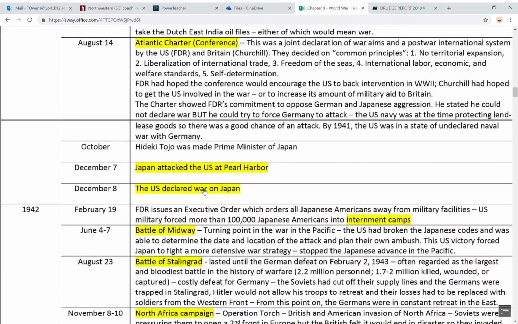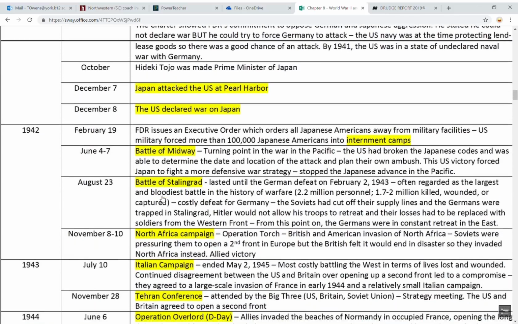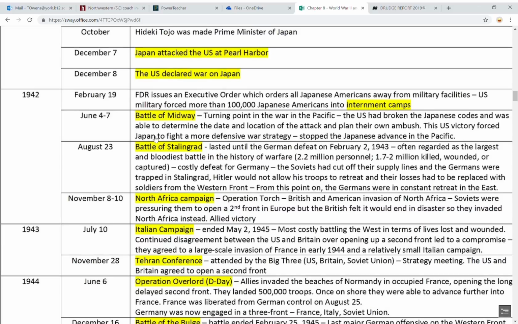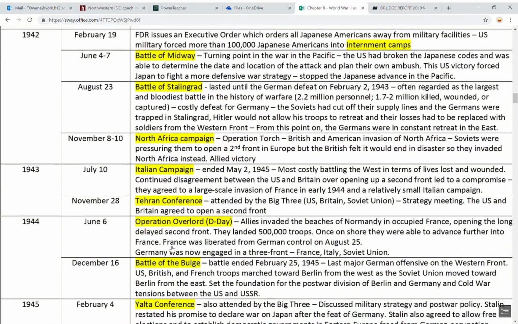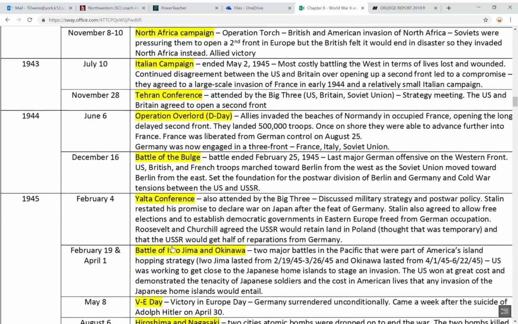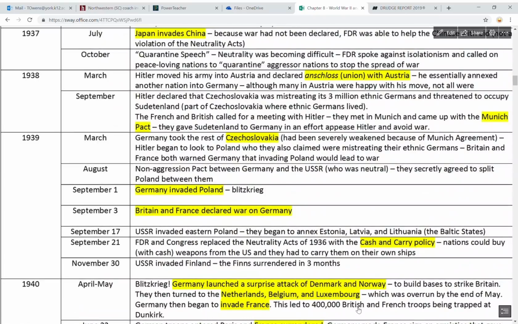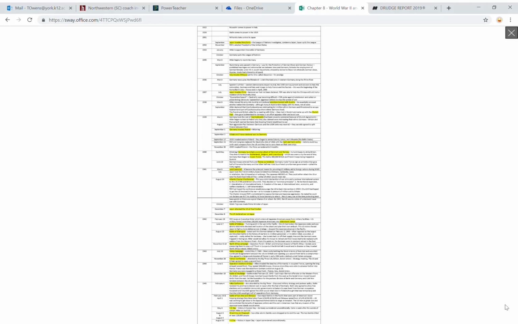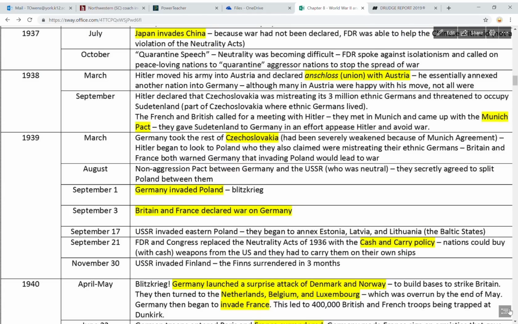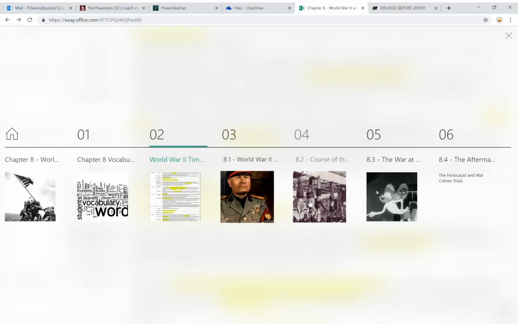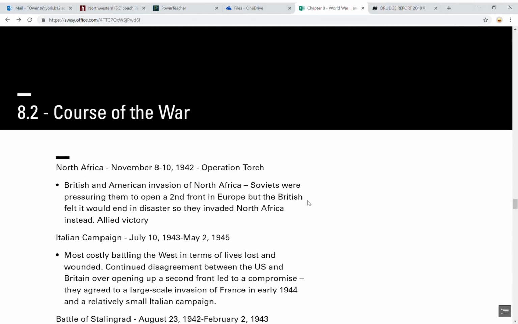Yesterday we got to our declaration of war on Japan, and here you can begin to see the battles and the true order of it and how it all fits together, okay? So just refer back to that if you want to see how it plays out. Like I said, this is not in order, okay?